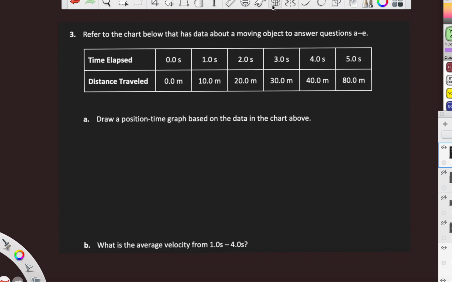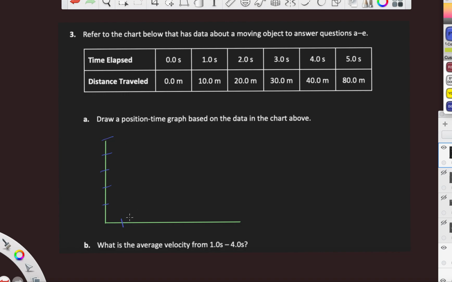This says draw a position time graph. Now, I can draw straight lines because I'm lucky I'm using a graphics pad. So here's my y-axis. Here's my x-axis. And I'm going to go ahead and draw on it. Okay, so here's 10 meters, 20 meters, 30 meters, 40 meters, 50 meters, etc., right?